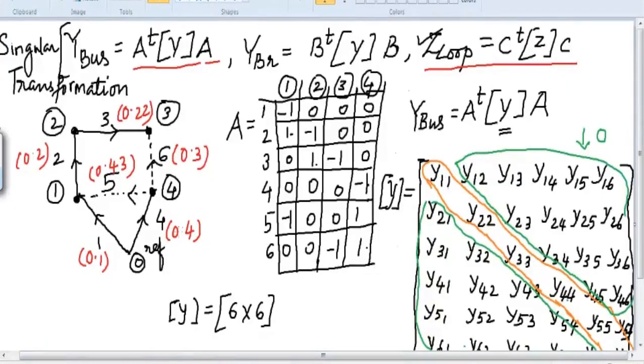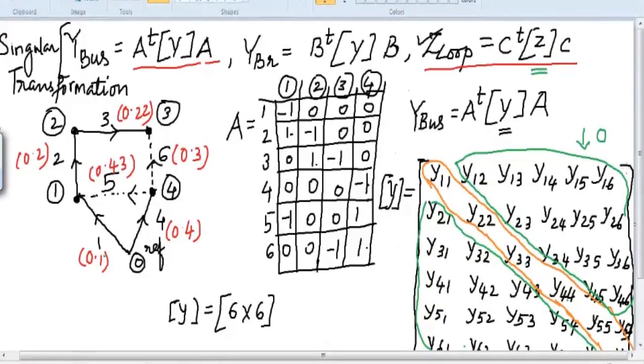So z11 will be 0.1, z22 will be 0.2, z33 will be 0.22, z44 will be 0.4, z55 will be 0.43 and z66 will be 0.3. All these values correspond to their respective elements in the tree and cotree which you have drawn previously. In the tree cotree you have to identify the location of that particular element and write the values accordingly. So that was related to Z.